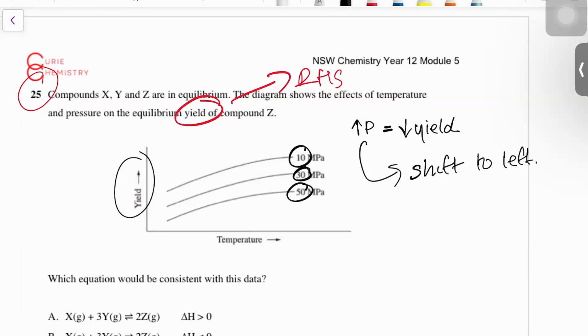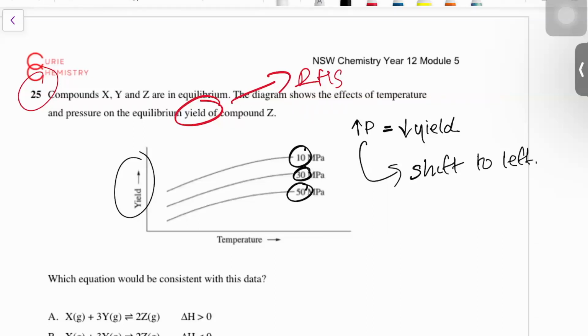Because when you increase the pressure, it has to counteract the change, so it shifts to the side with fewer moles. Okay, but moles of everything or what? Good. What kind of molecules exert pressure? Do we talk about pressure of solids, liquids, or gases?